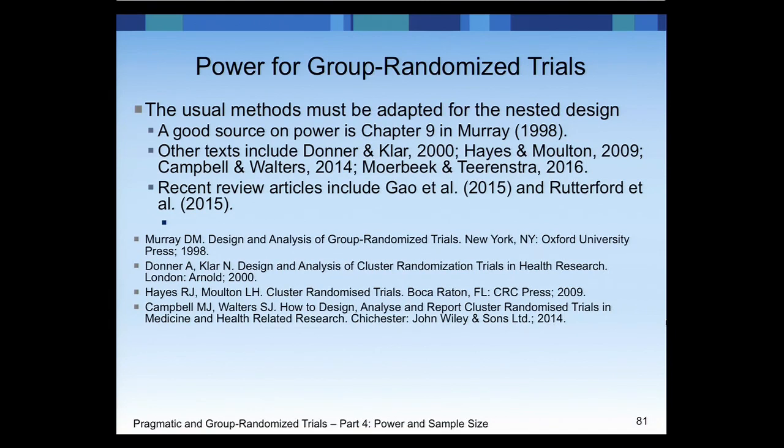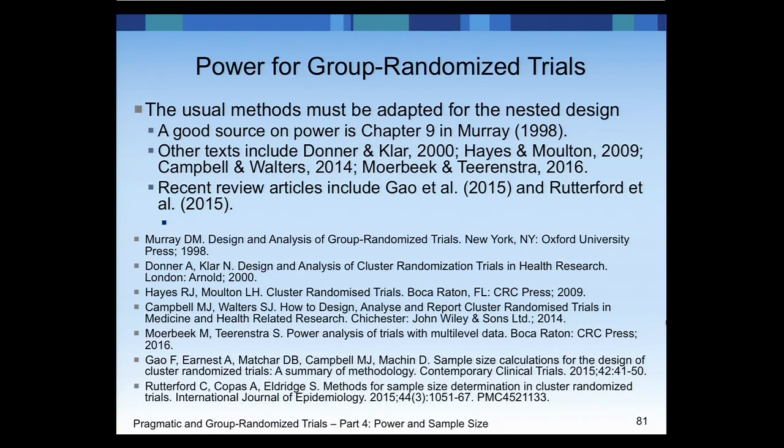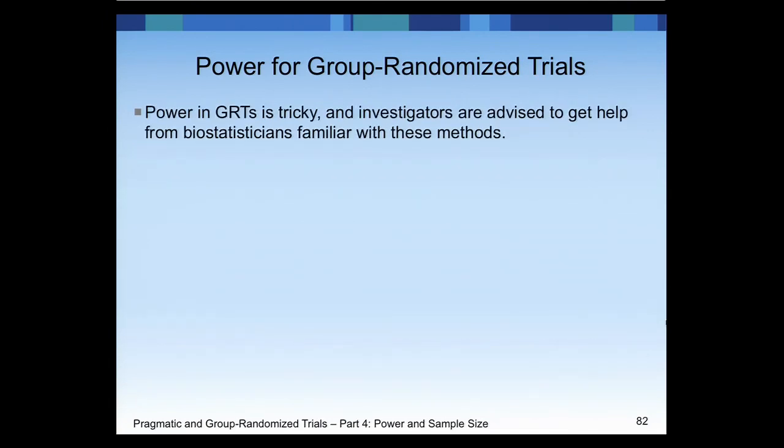There are also some recent review articles, and I've cited 2 of them here. I recommend all of these sources to you, and the references are shown here and available to you in the reference list that you can download from our website. All of these sources provide extensive discussions on power and sample size calculations for group randomized trials.